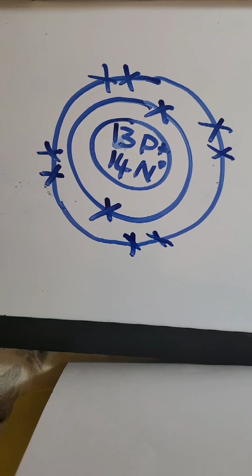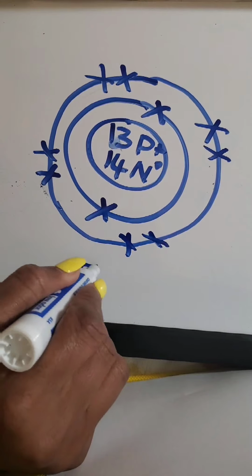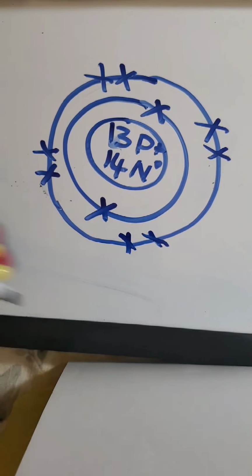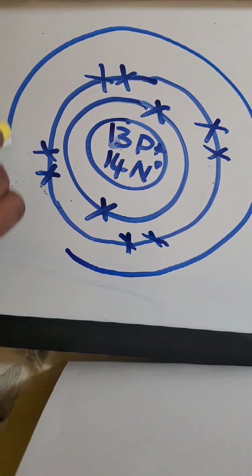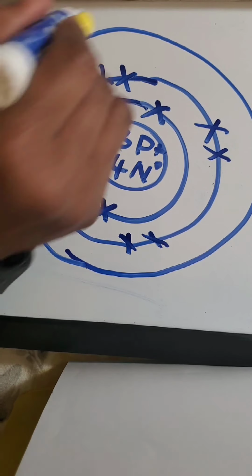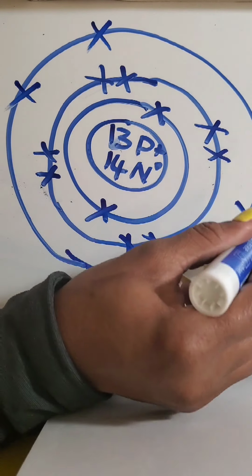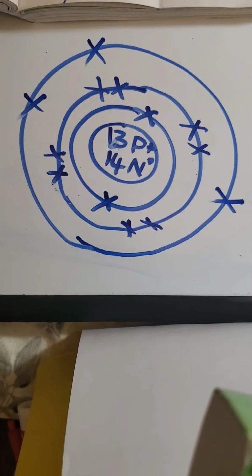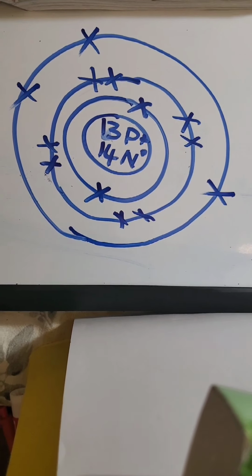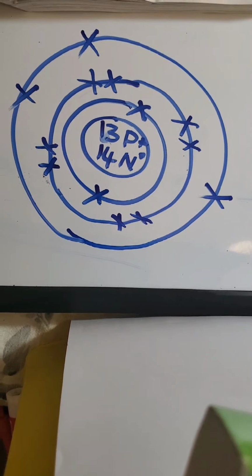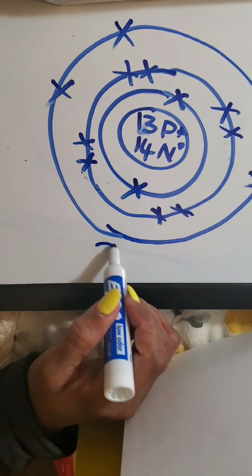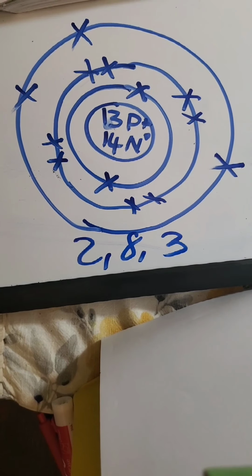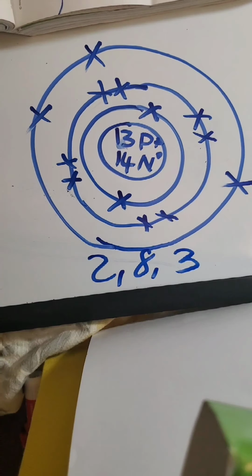So we would have to draw our third shell to put our remaining electrons. We know that's already 2, 8. We need some space there, so let's erase that and put our remaining 3 electrons. So that is 2 on the first shell, 8 on the second shell to make it 10, and then we have 3 on the third shell to make it 2, 8, 3. That's 13 electrons in total. And that's it for the aluminum atom.